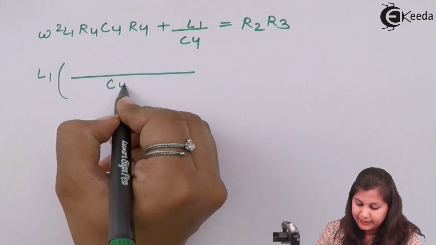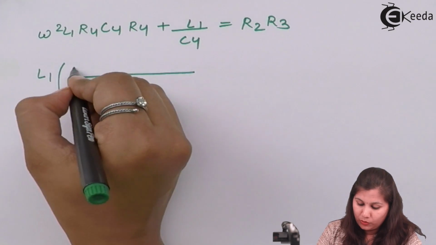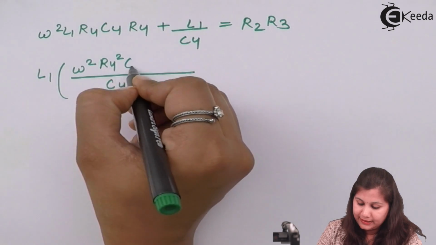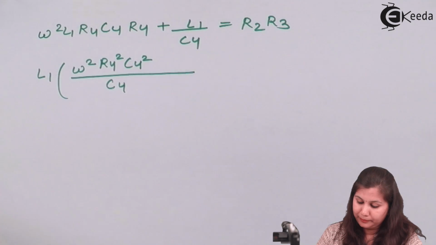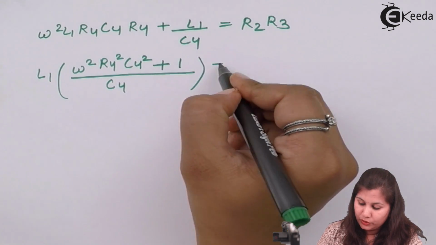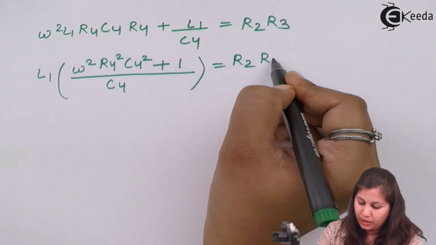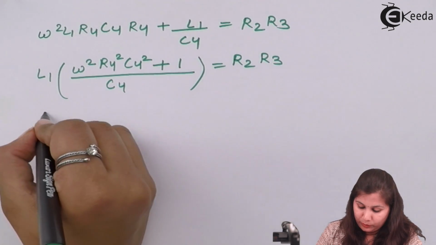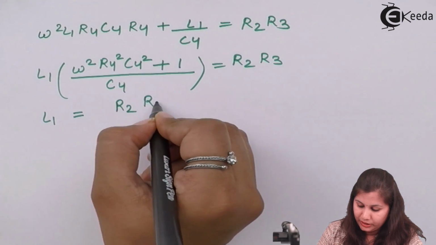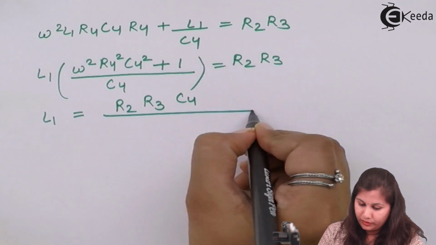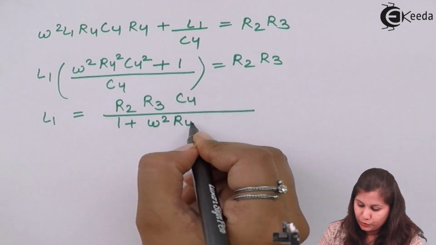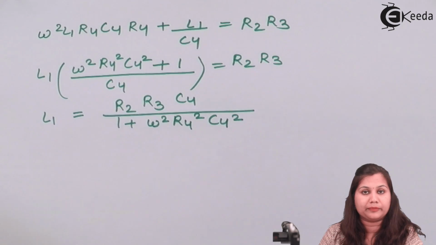We are having here C4. So it will be omega square R4 square C4 square plus here we are having 1 equals R2 R3. So L1 will be equal to R2 R3 C4 upon 1 plus omega square R4 square C4 square.